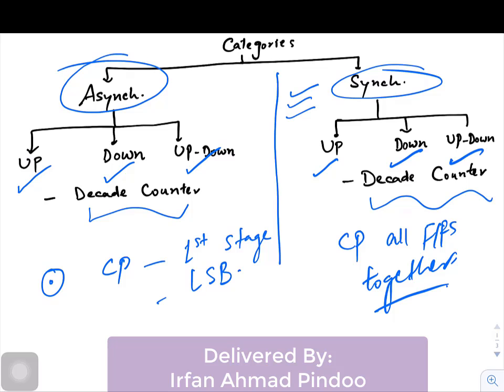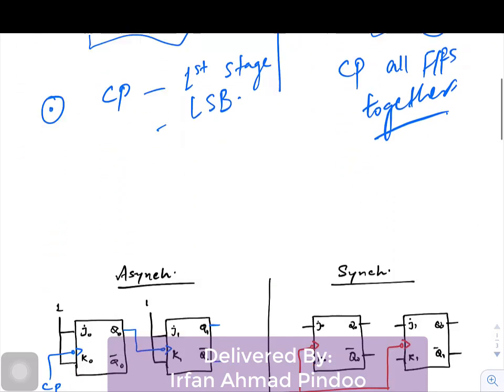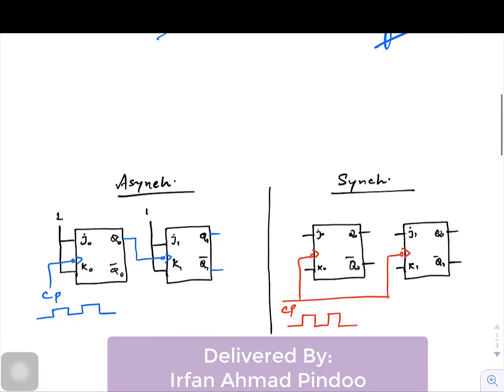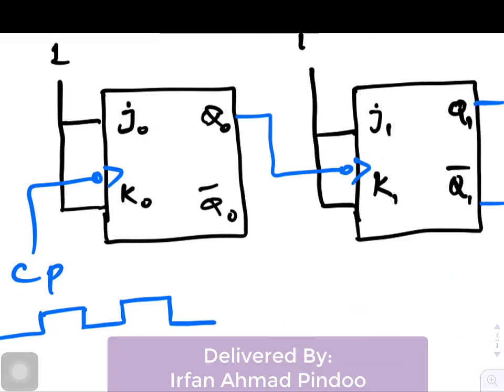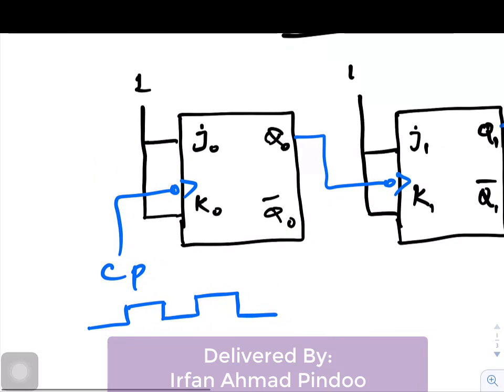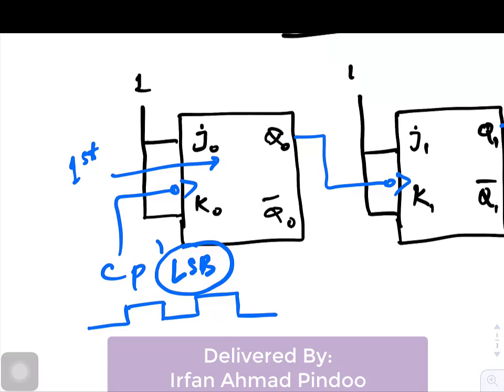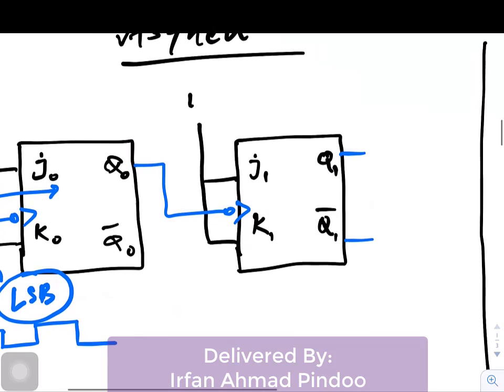So if we see it diagrammatically, this is the diagram. This one is the asynchronous counter, and you can see the clock pulse is given to only the first stage, and this stage is the LSB. Wherever the clock pulse is given, that is the LSB for us.